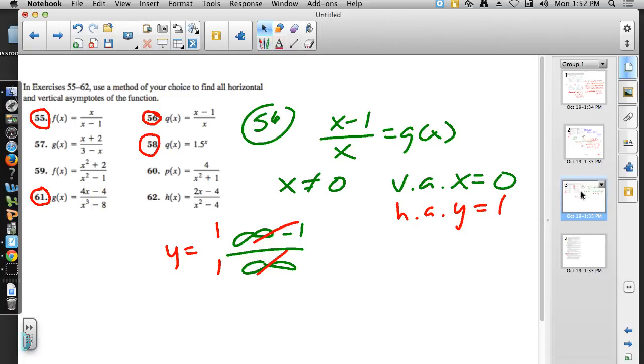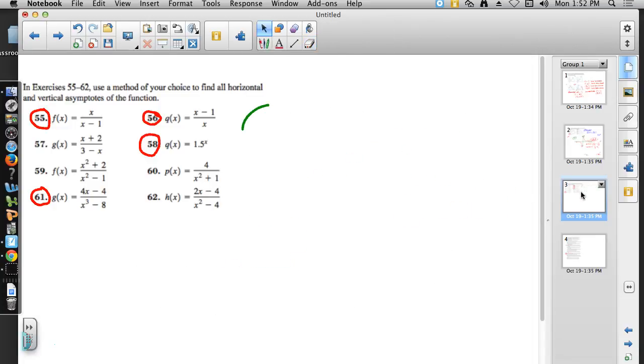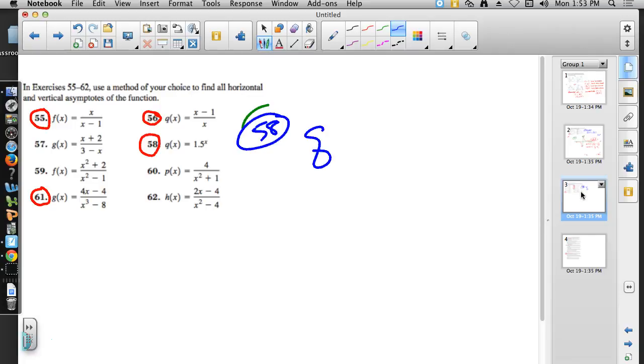Then number 58. Oh, it looks more like a q, doesn't it? Q of x equals 1.5 to the x power. This one is a little bit different.